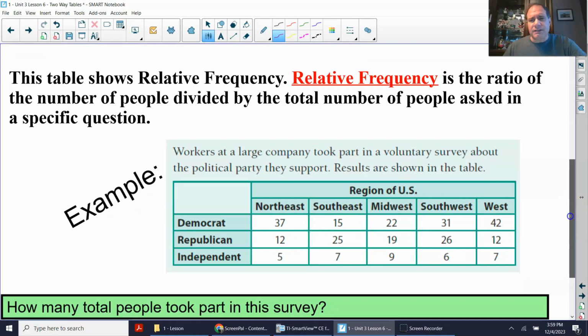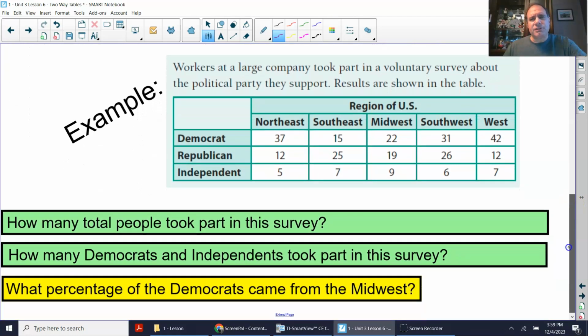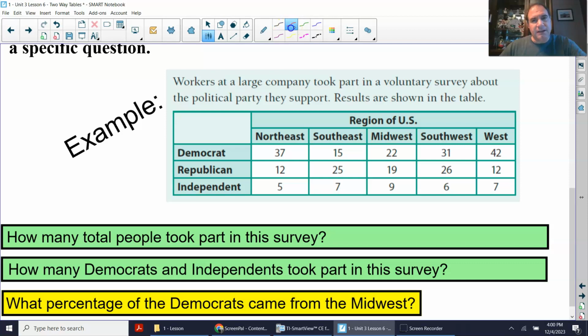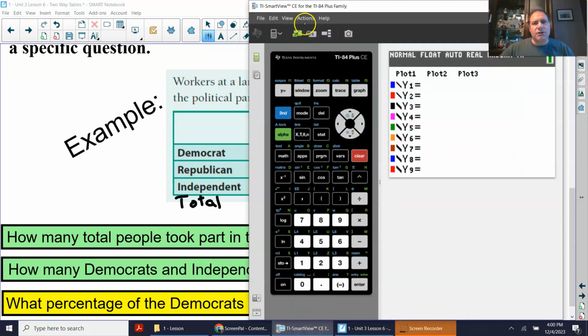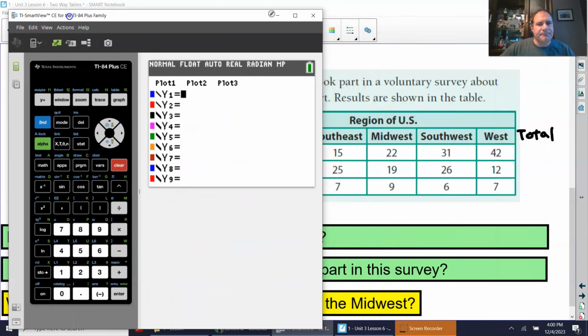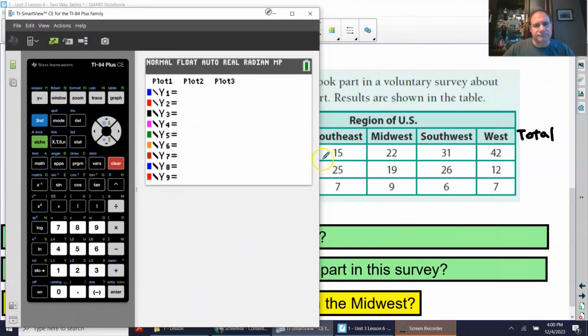So if we take a look at this example, workers in a large company took part in a voluntary survey, and there it is again, about a political party they support. Results are shown in the table. There's one thing that is missing, and it's the total column and the total row. So easy, when we are adding up the totals, we're just going to add all the way across.